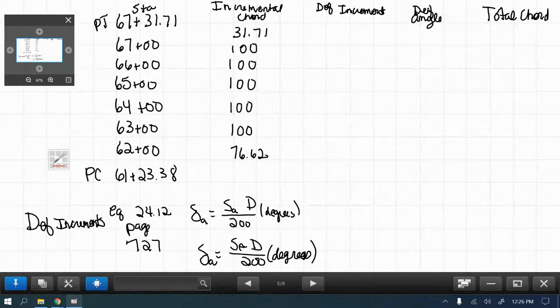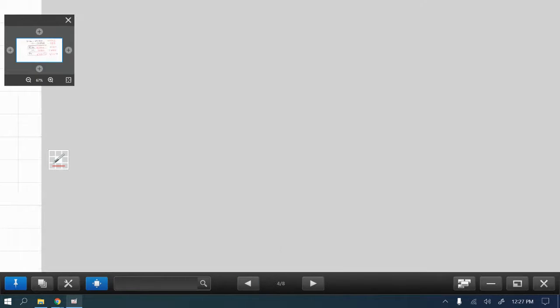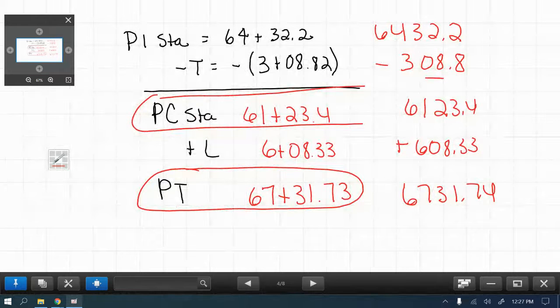All right, so I've got my chart set up. Here's my PC. Then I'm going to go to 62, 63, 64, 65, 66, 67, 67 plus 31.7. That should be those two. I got 7.3 here.